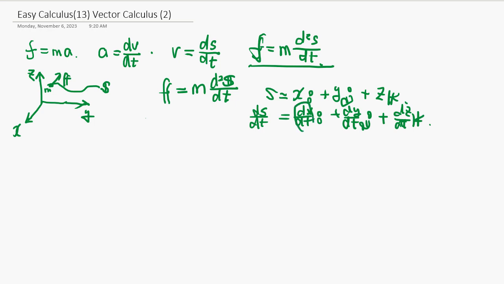And this is what? Velocity. So vx plus vy plus vz. Now, here's a big assumption.